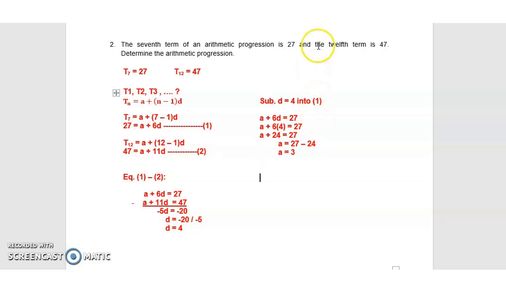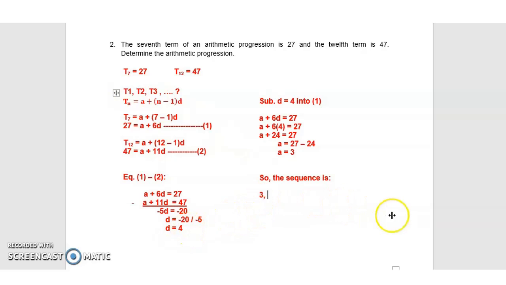Okay, now the question asks you to determine the progression. Means what is T1, T2, T3 and so forth. So T1 is A, and value A just now is 3. From the first term, how to get the second term? We need to add the common difference.